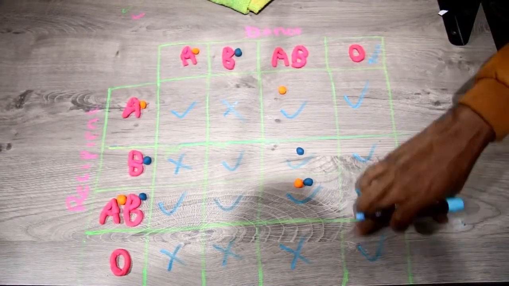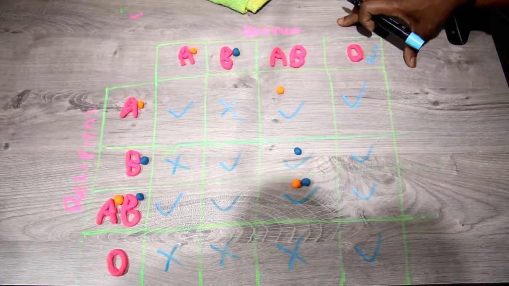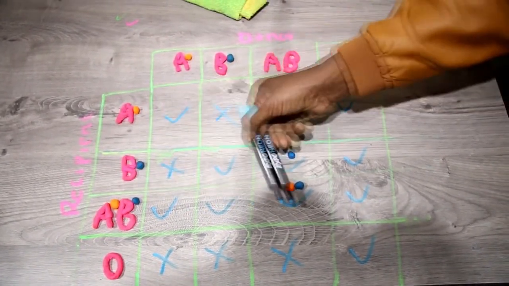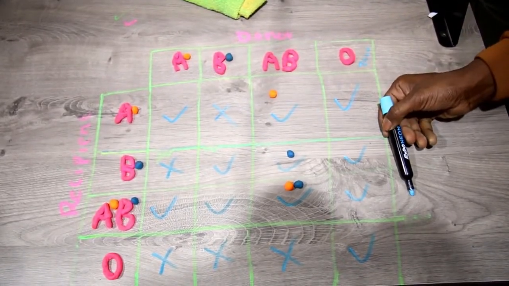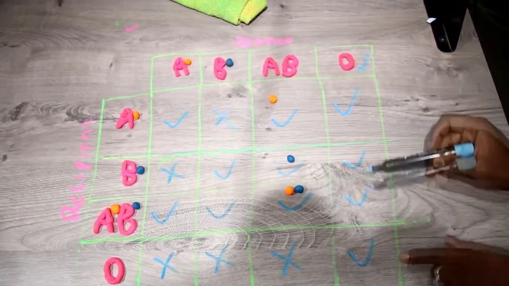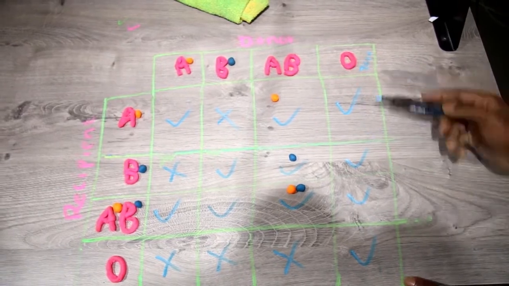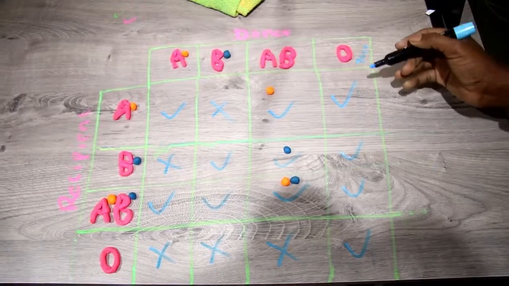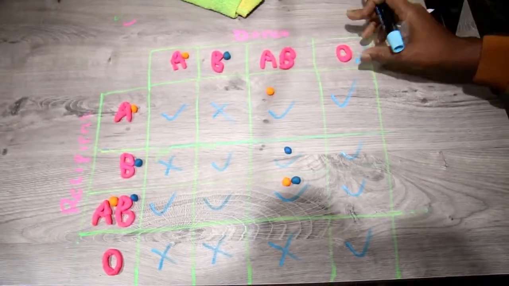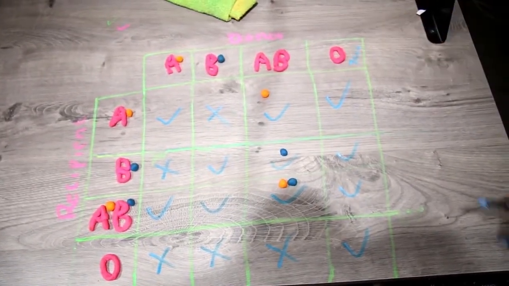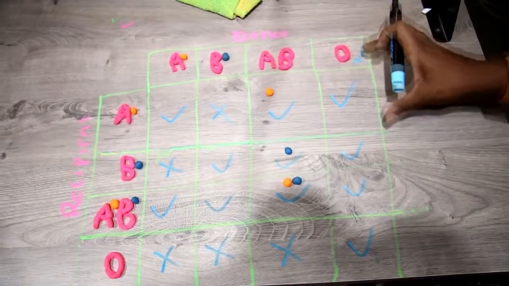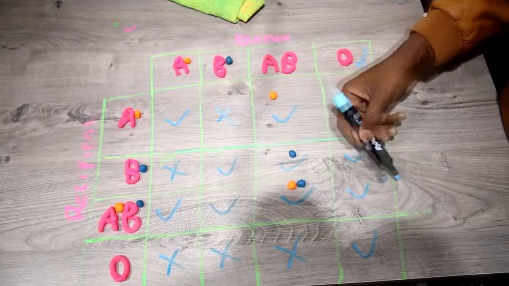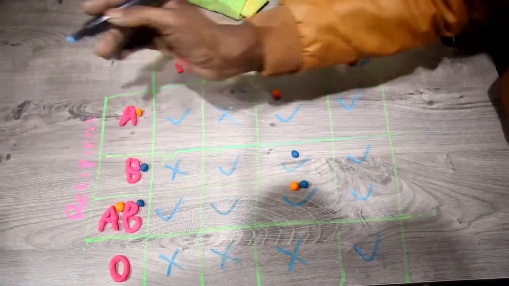A universal donor. And also there is something that you can notice here. AB is a universal recipient. You can see all these we marked correct, so they can donate, they can give to the person. So blood group O is like a universal donor, and blood group AB is a universal recipient.